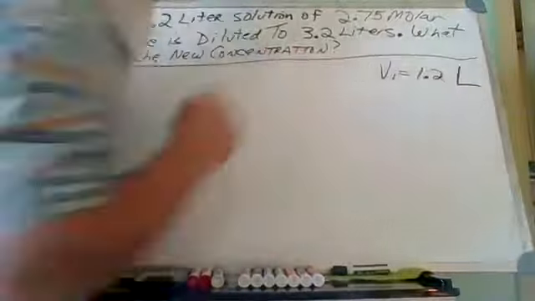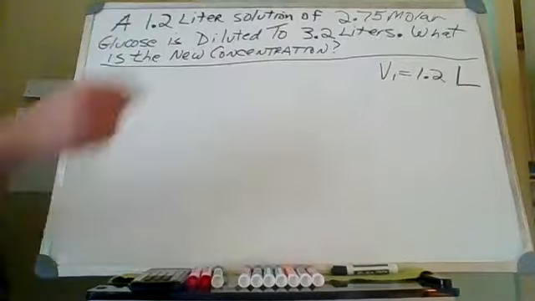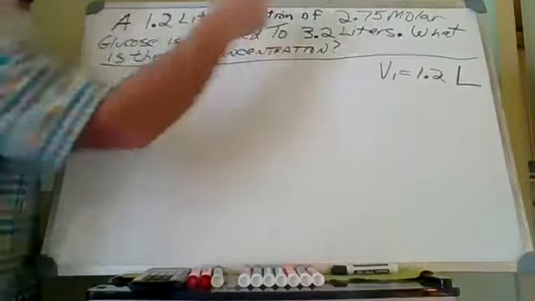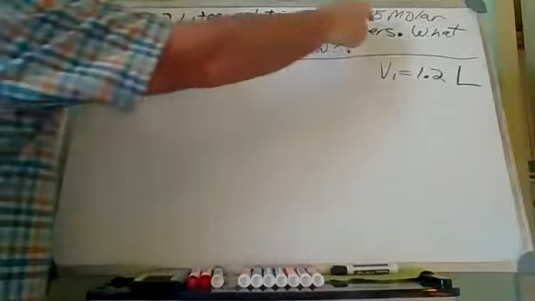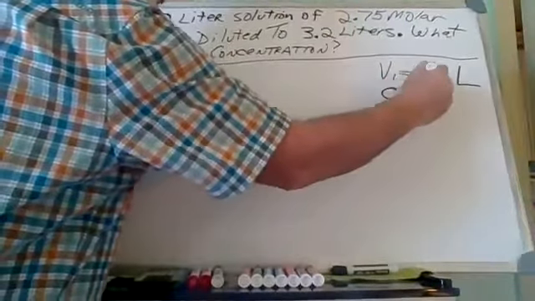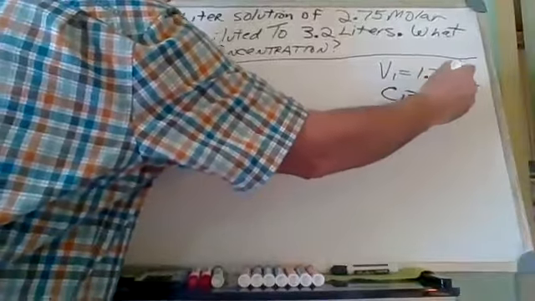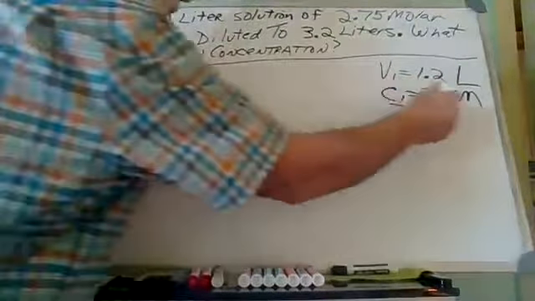I'm going to use just an L for liters, of 2.75 molar glucose. Now this volume goes with that concentration, so this is C1. C1 equals 2.75 molar. So that's my first set of conditions.